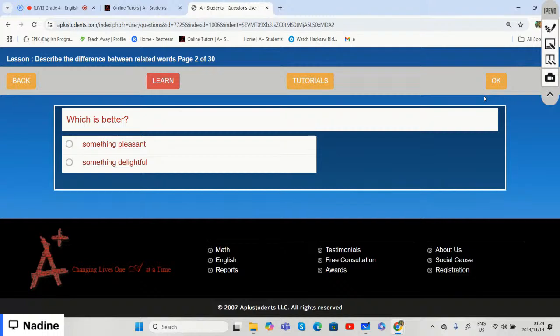We now need to say which one is better. Which one is better?